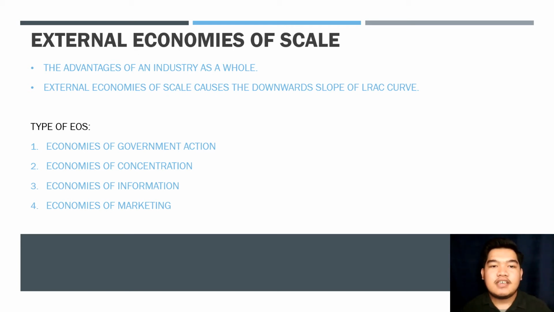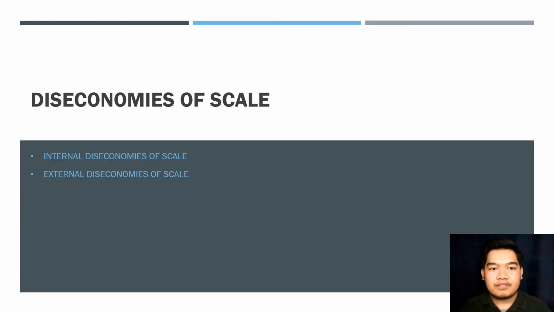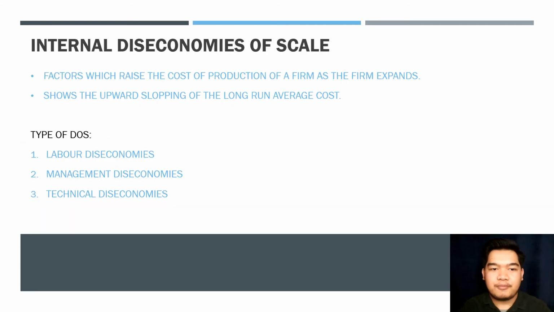Next, we will look at diseconomies of scale. There are two types also: internal diseconomies of scale and external diseconomies of scale.